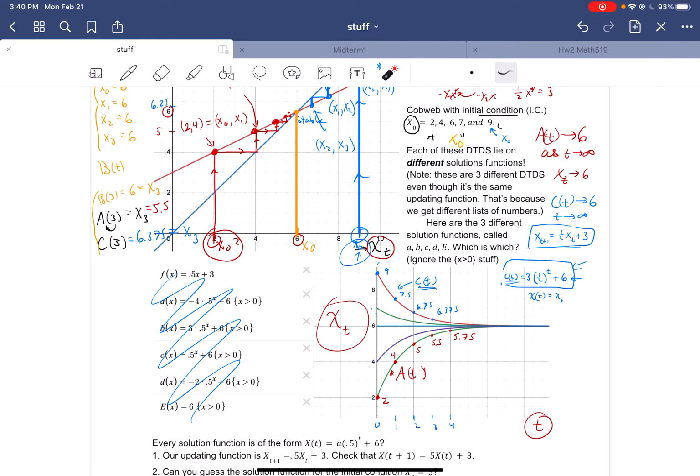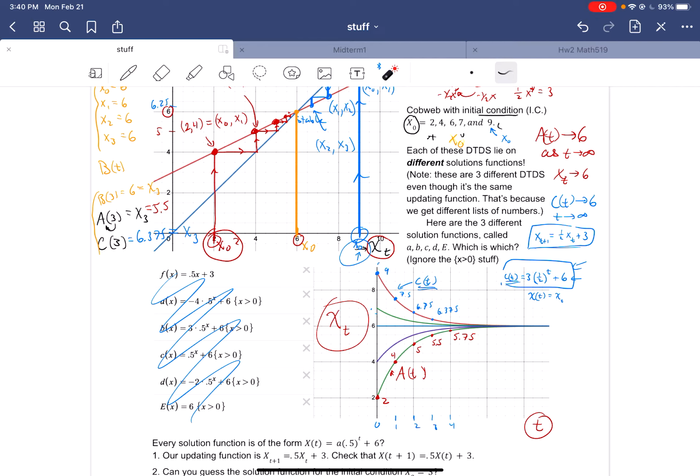But we can see that if my initial condition is up here, above my equilibrium value, then my path will march down towards equilibrium, and that's why we see this decreasing nature here. If my initial value is below equilibrium, then my path will march up towards equilibrium, and that's why we see this increasing nature here.